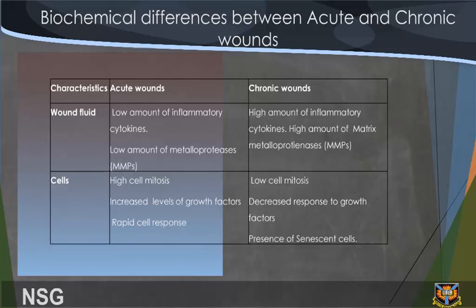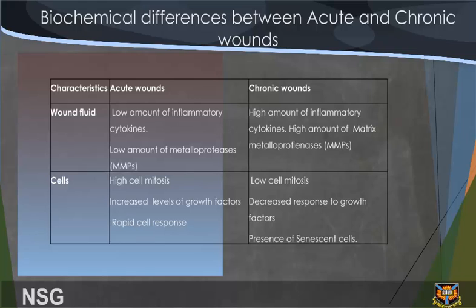Biochemical differences between acute and chronic wounds. Characteristics: wound fluid. Acute wounds: low amount of inflammatory cytokines, low amount of matrix metalloproteinases (MMPs). Chronic wounds: high amount of inflammatory cytokines, high amount of matrix metalloproteinases (MMPs).